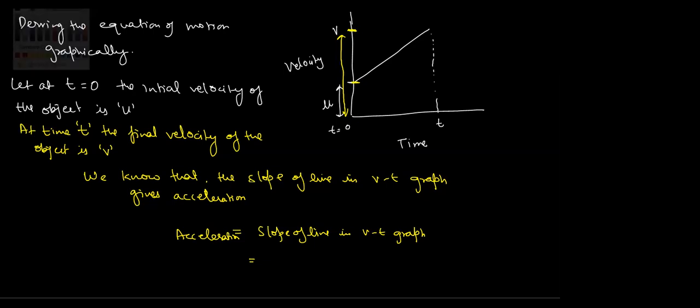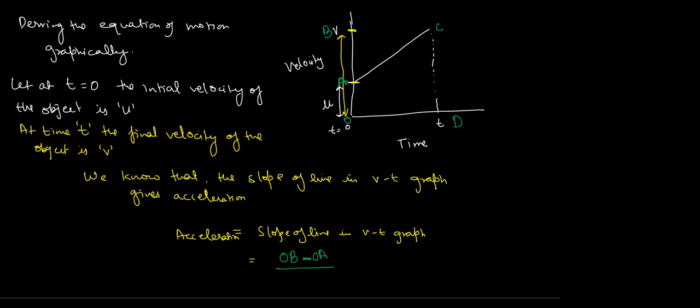Here this is O, this point is A, this point is B, this point is C, this point is D. So I can write here that v is OB, so OB minus OA, and that will be upon the x-axis values.